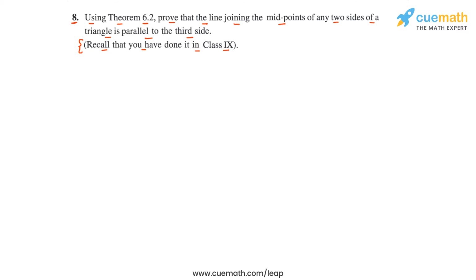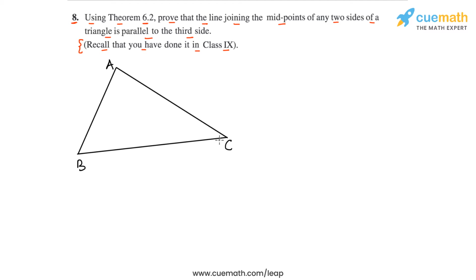Okay, so let's first draw a figure for this given situation. So let's draw any arbitrary triangle and let's label the vertices. So let's say this is A, B and C. Now we have to draw the line joining the midpoints of any two sides.